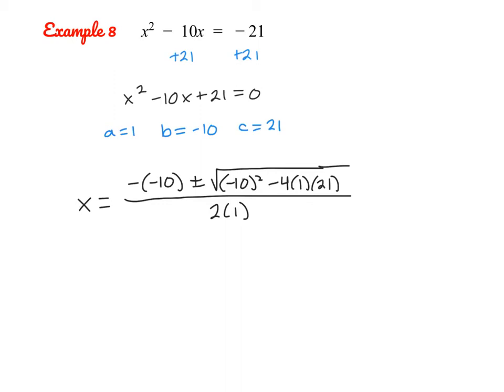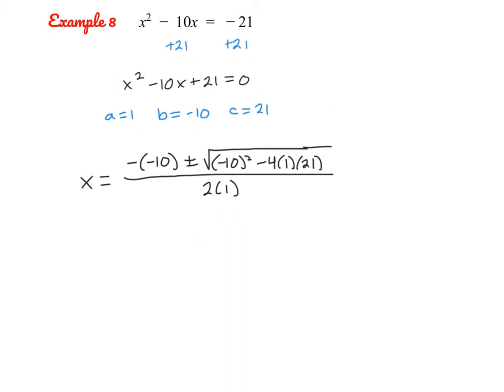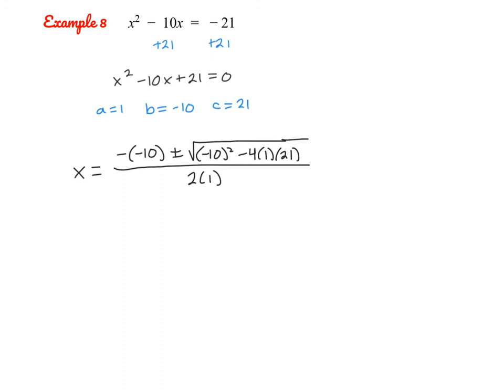Now we can just start simplifying. First thing to notice is that negative 10 becomes positive 10, plus or minus the square root of negative 10 squared, which is positive 100, minus 84, all over 2.